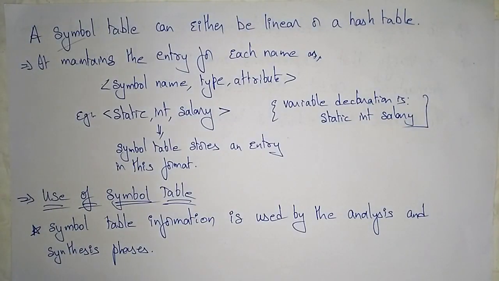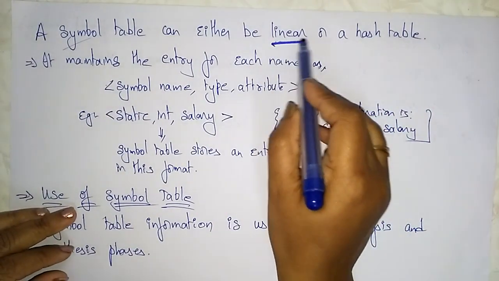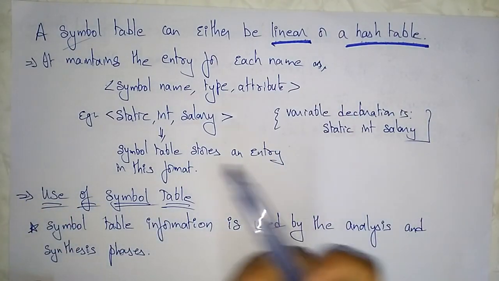So a symbol table can either be a linear or a hash table. The symbol table present in the compiler can be represented either as a linear structure or a hash table, meaning a linked list or a hash table.